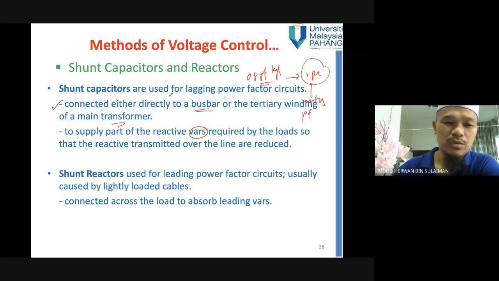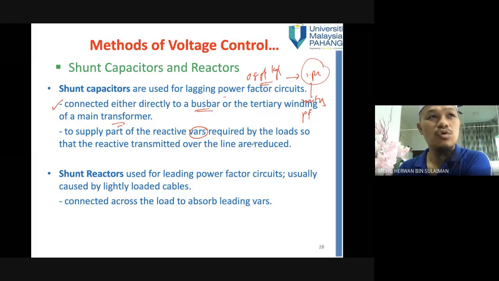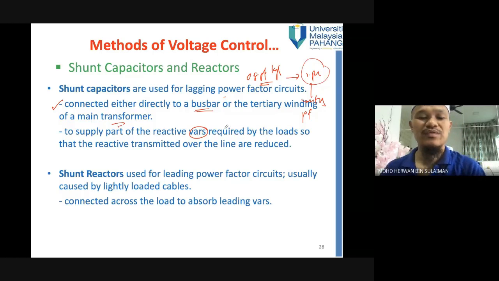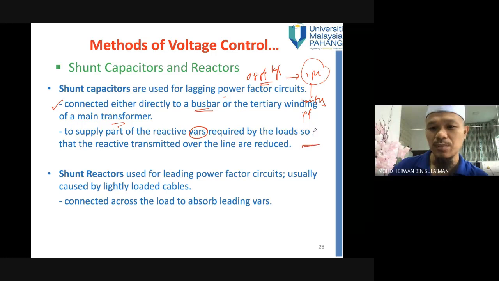You remember when we learned about power system analysis, right? Normally when we have a slack generator or generators, for real power, your generators supply the bus with real power. We have P plus jQ, right?